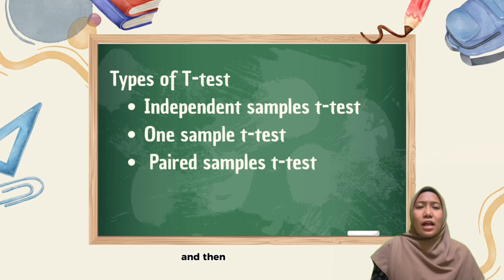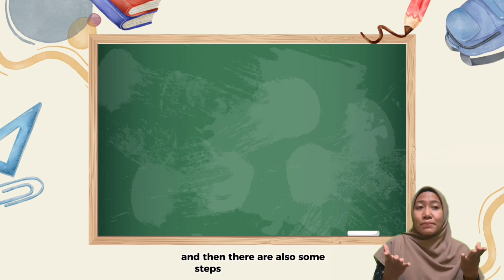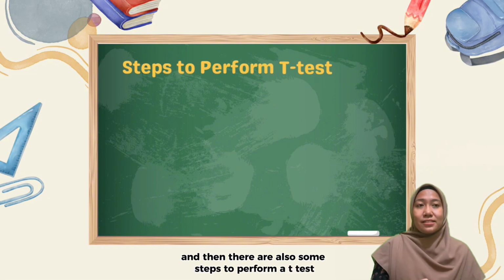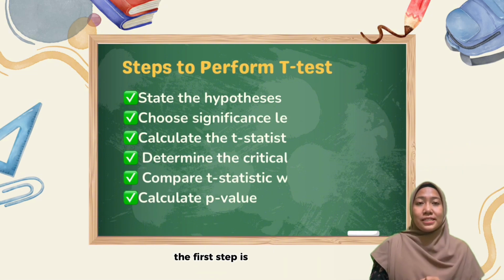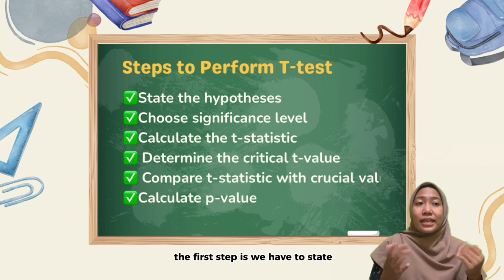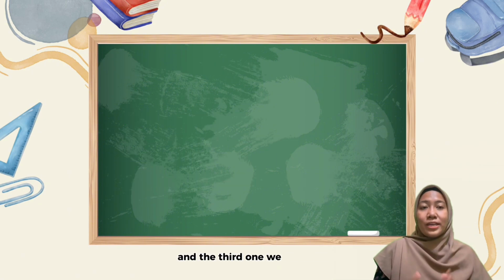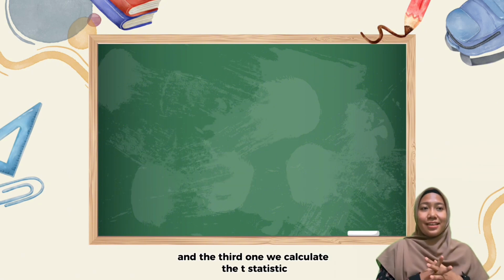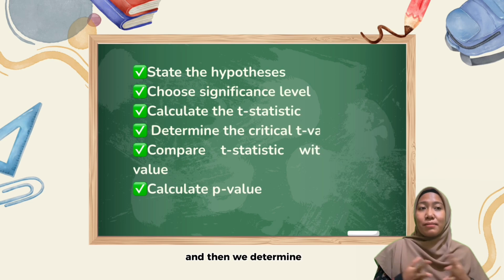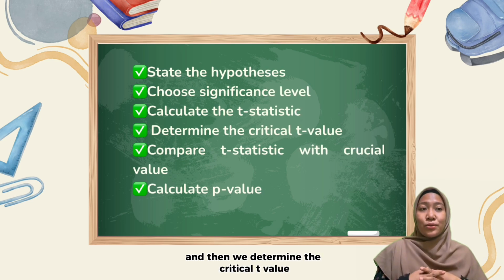And then there are also some steps to perform a t-test. The first step is we have to state the hypothesis. And then we choose the significance level. And the third one, we calculate the t-statistic. And then we determine the critical t-value.